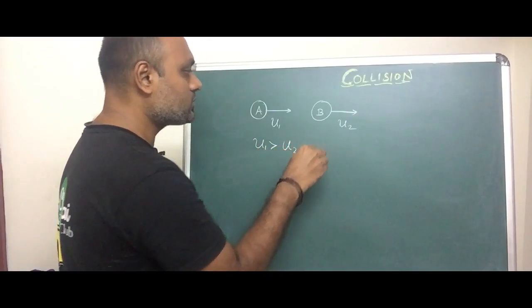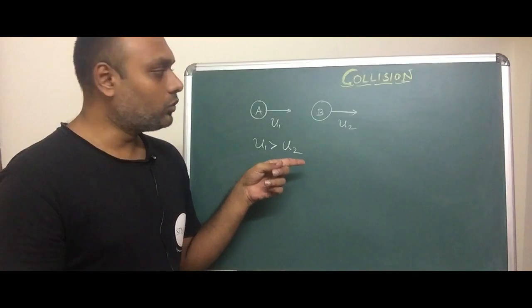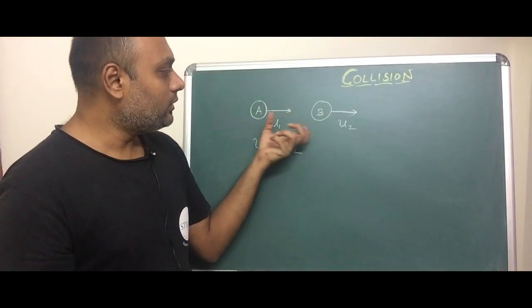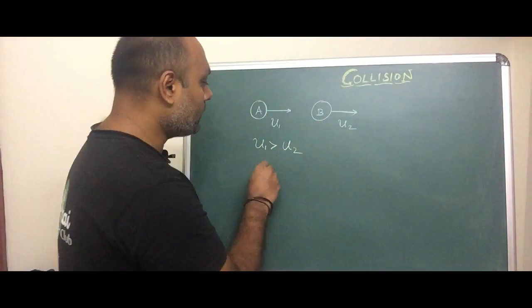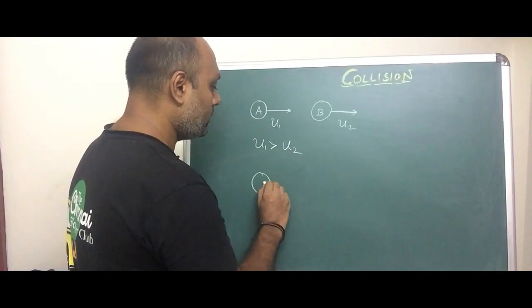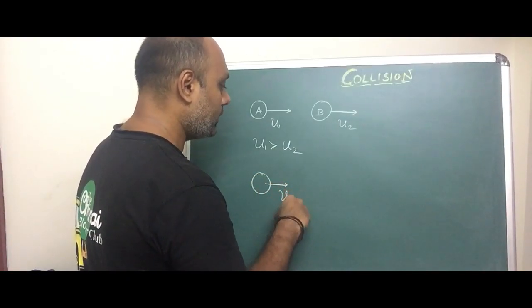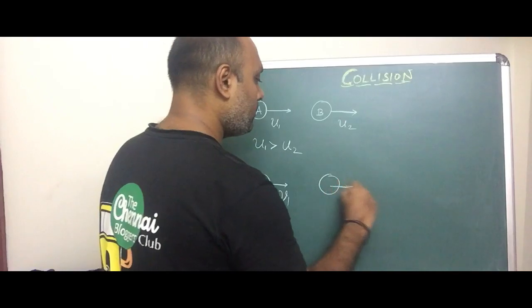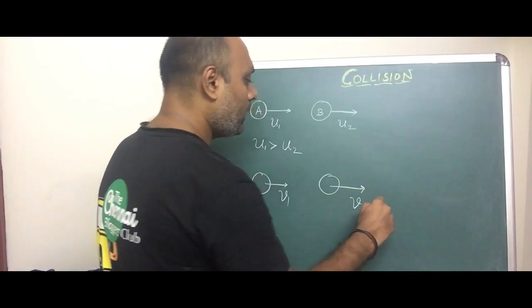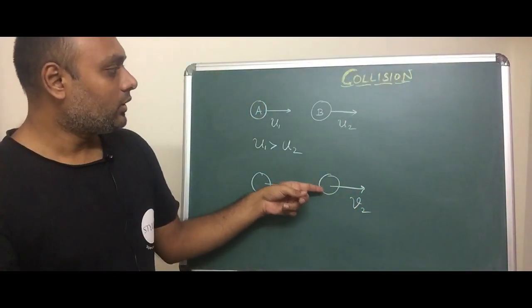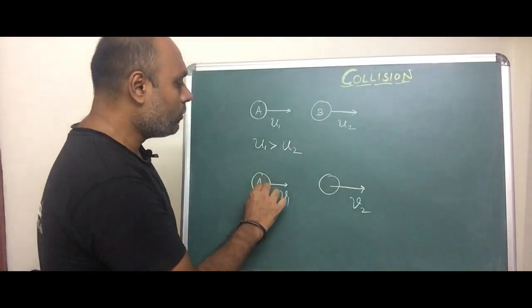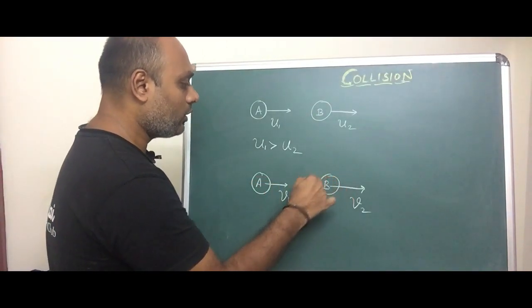When this condition is met, these two objects come into contact and collide, and after collision, say the velocity becomes v1 for object A and v2 for object B. After collision, object B would be moving with a velocity greater than object A.